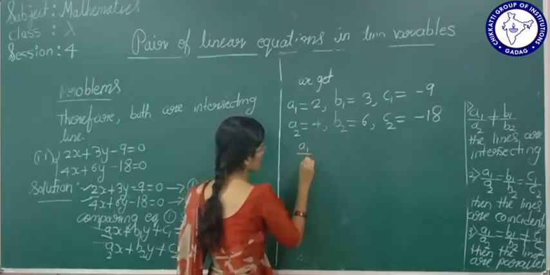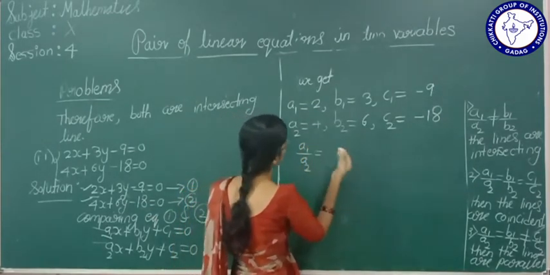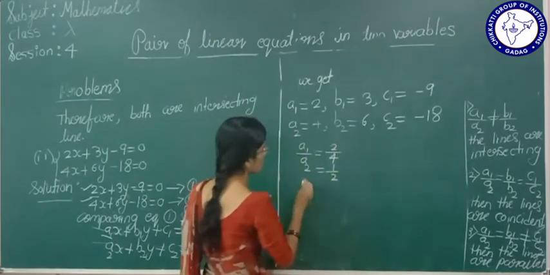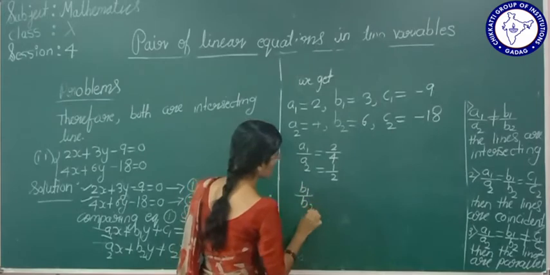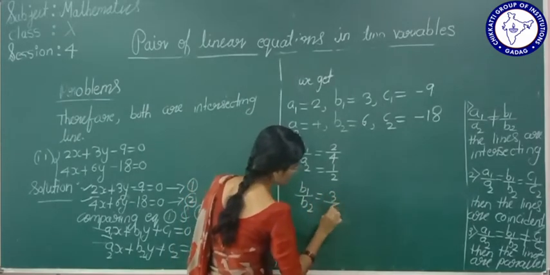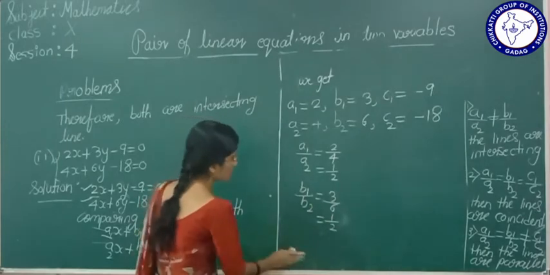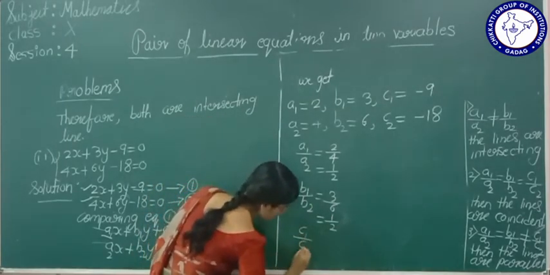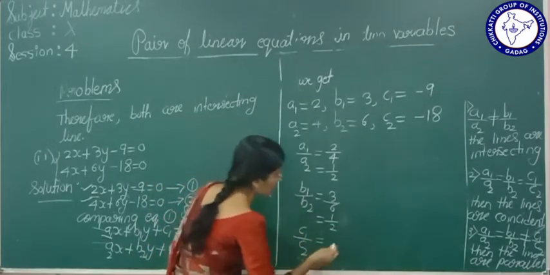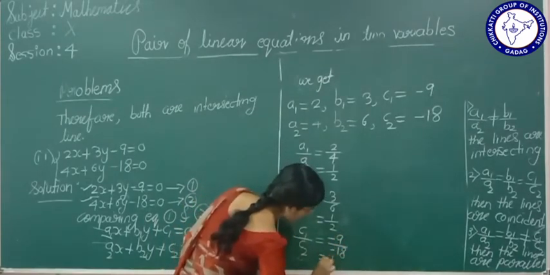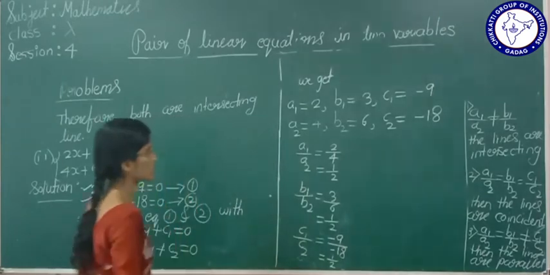What is a1 by a2? a1 by a2 is 2 by 4, it is 1 by 2. b1 by b2 is 3 by 6, it will be 1 by 2. Check for c1 by c2. c1 by c2 is equal to minus 9 divided by minus 18, it will be 1 by 2.